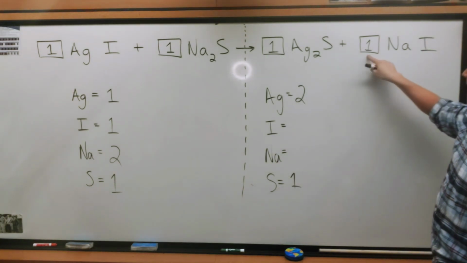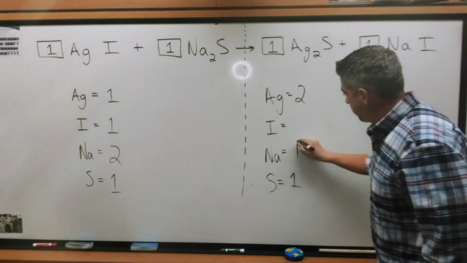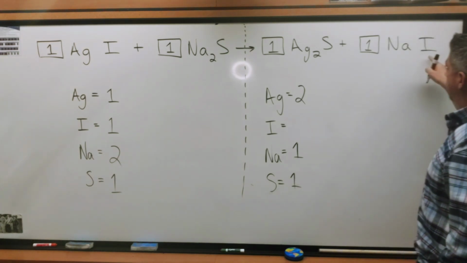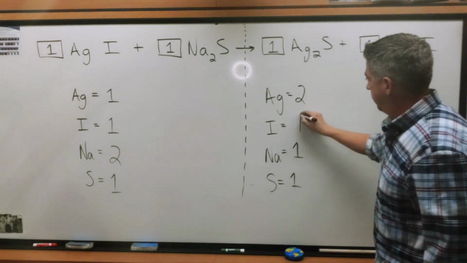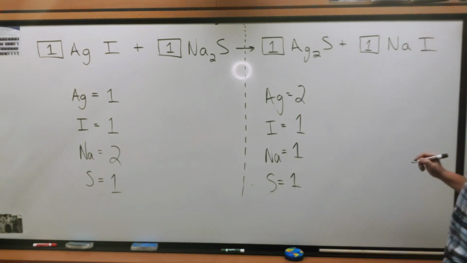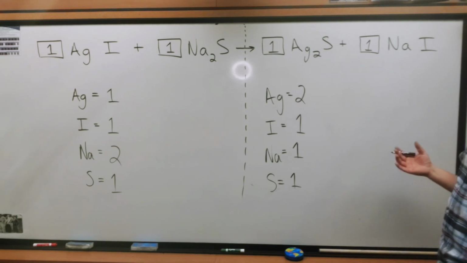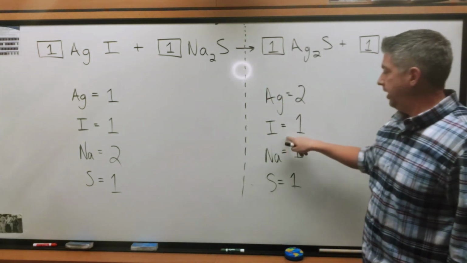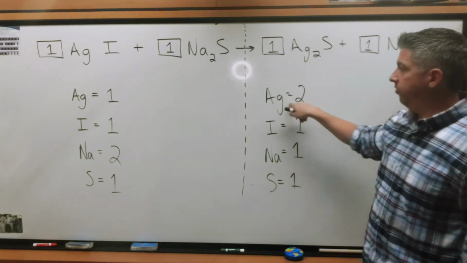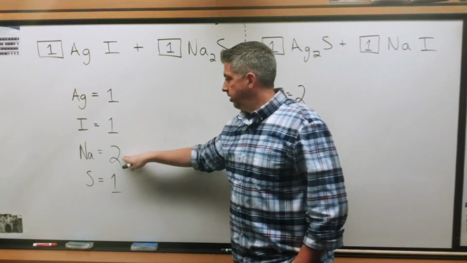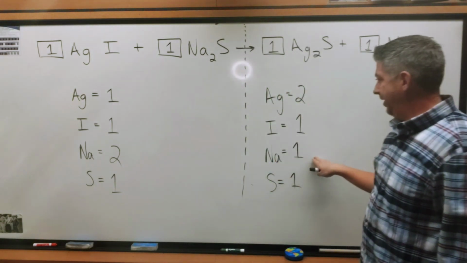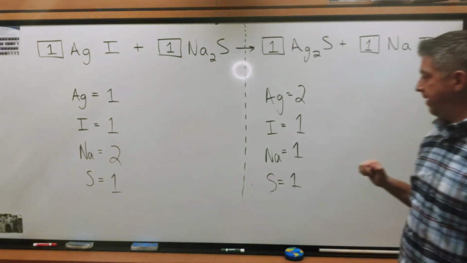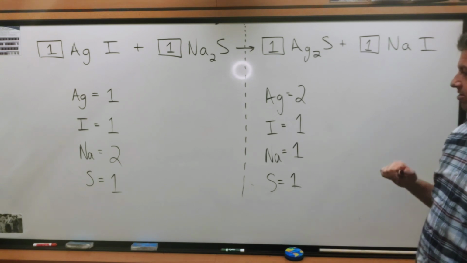Let's go over here. 1 Na, that's simple. 1 sodium. And 1 I, 1. Okay? Well, they don't match. The only one that matches is I. We have 1 iodine, 1 iodine. 2 silver over here, 1 silver. 2 sodium over here, 1. And you know what? No, sulfur does match. So I was wrong. The I's and the S's match.